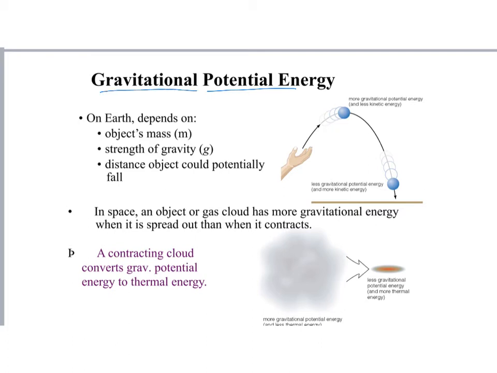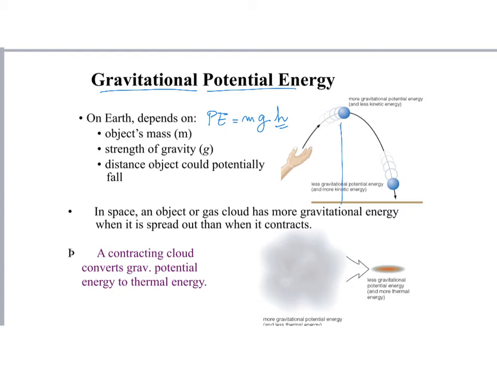On Earth, that gravitational potential energy is basically the product of the mass, the strength of gravity or gravitational acceleration, and the height above the ground.